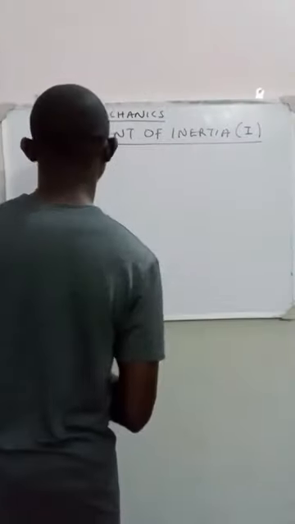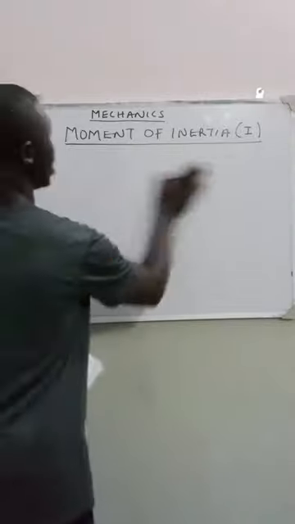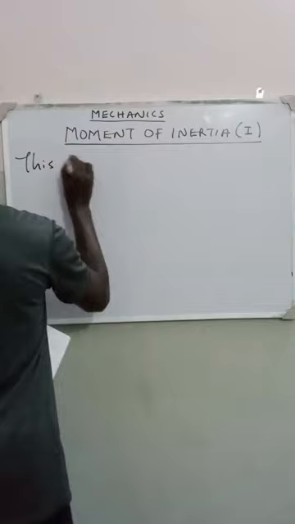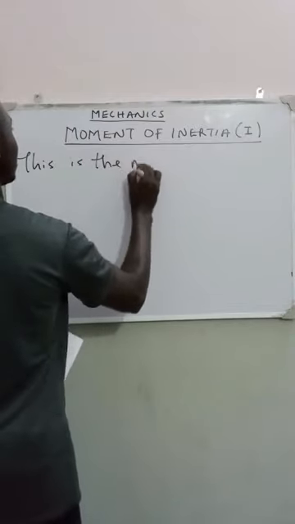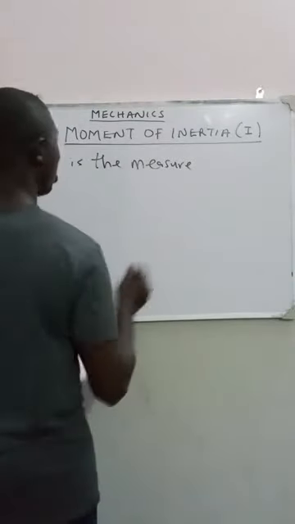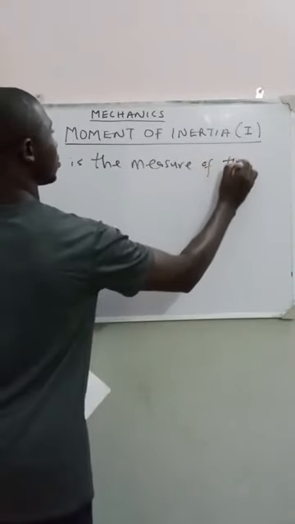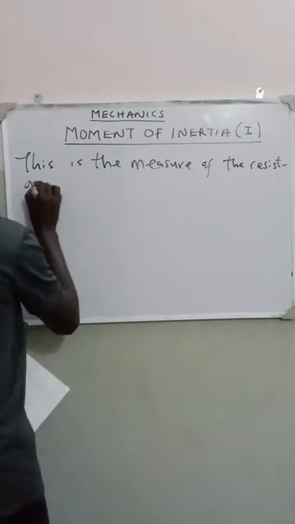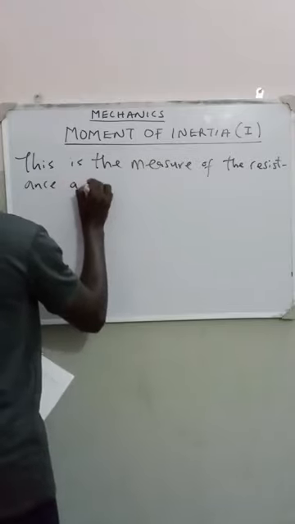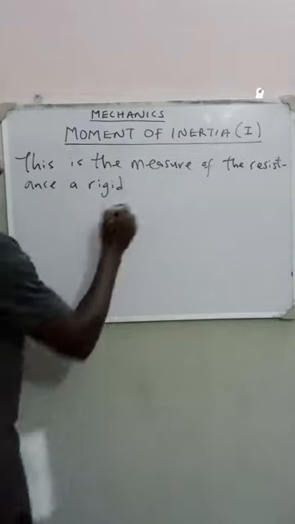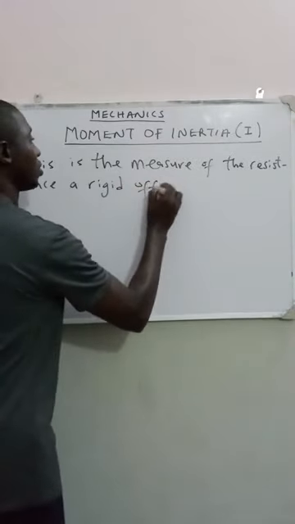For us to understand this better, we say that the moment of inertia of an object or of a body is the measure of the resistance a rigid body offers to rotation.